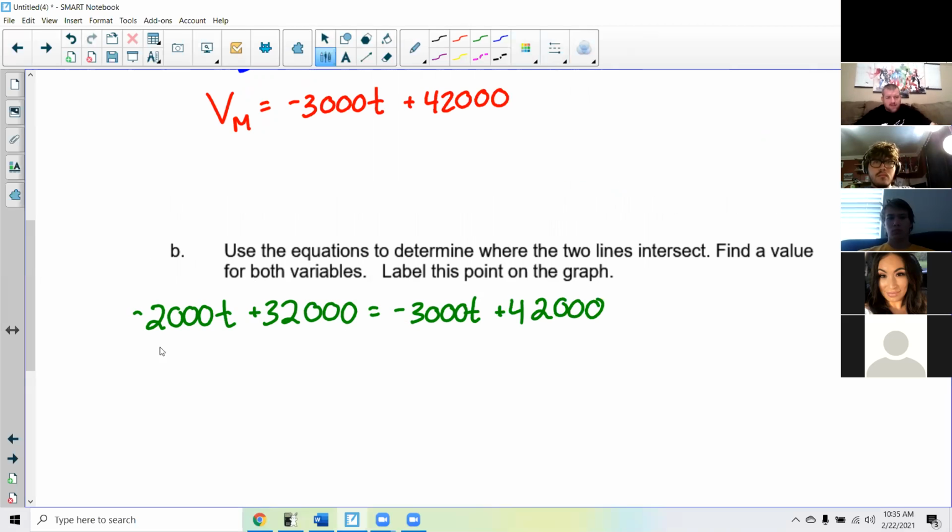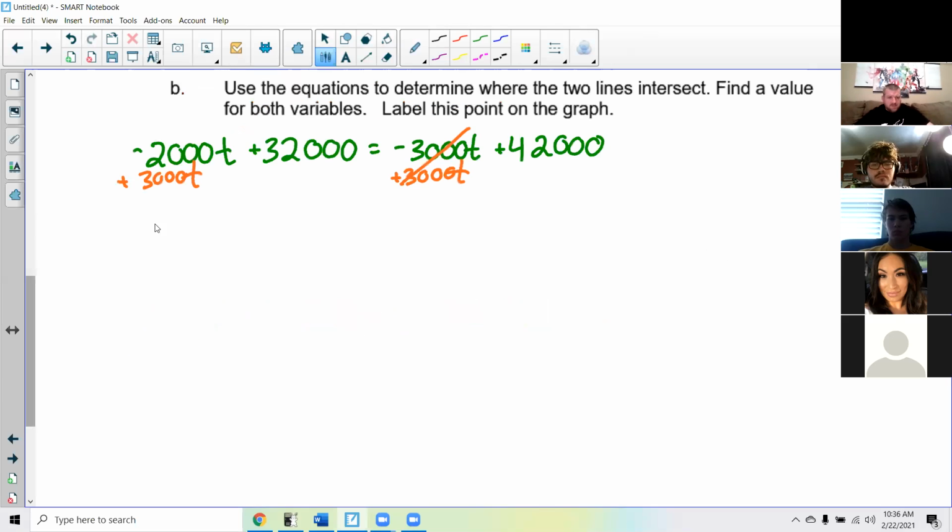You really can move anything. I'm going to add 3,000 T to both sides. Too many zeros going on here. So I'm left with negative 2,000 plus 3,000 is 1,000 T plus 32,000 equals 42,000.